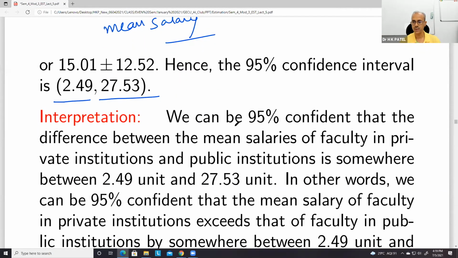So what we can say is that we are 95% confident that the difference between the mean salaries of faculty in private institutes and public institutions is somewhere between 2.49 unit and 27.53 unit. Some unit may be there.